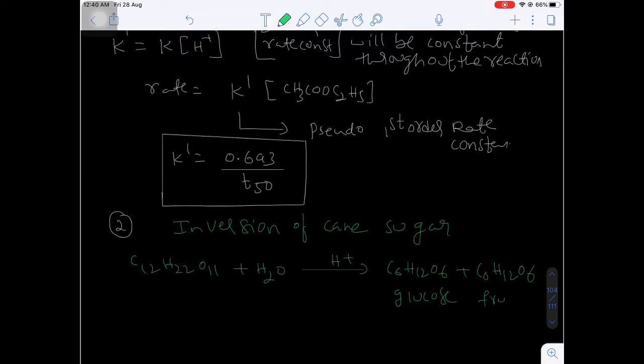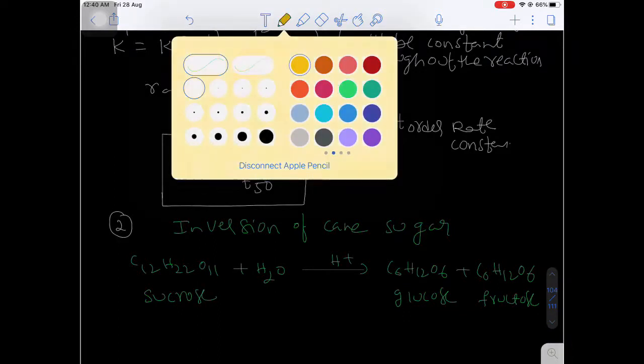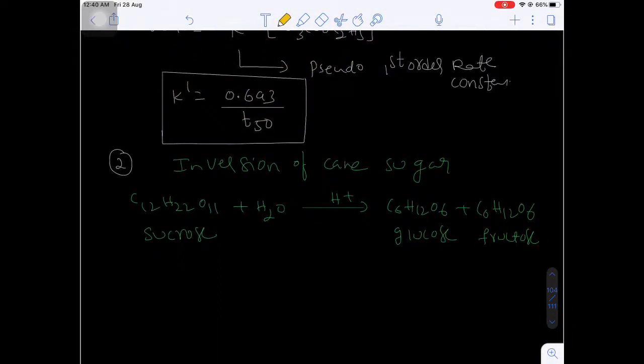Now in this reaction, if you observe the rate law expression, R equal to K times the concentration of sucrose, C12H22O11, multiplied by the concentration of H plus ion. What is the role of H plus ion here? To function as a catalyst. Just now I told you the concentration of a catalyst throughout the reaction is constant.